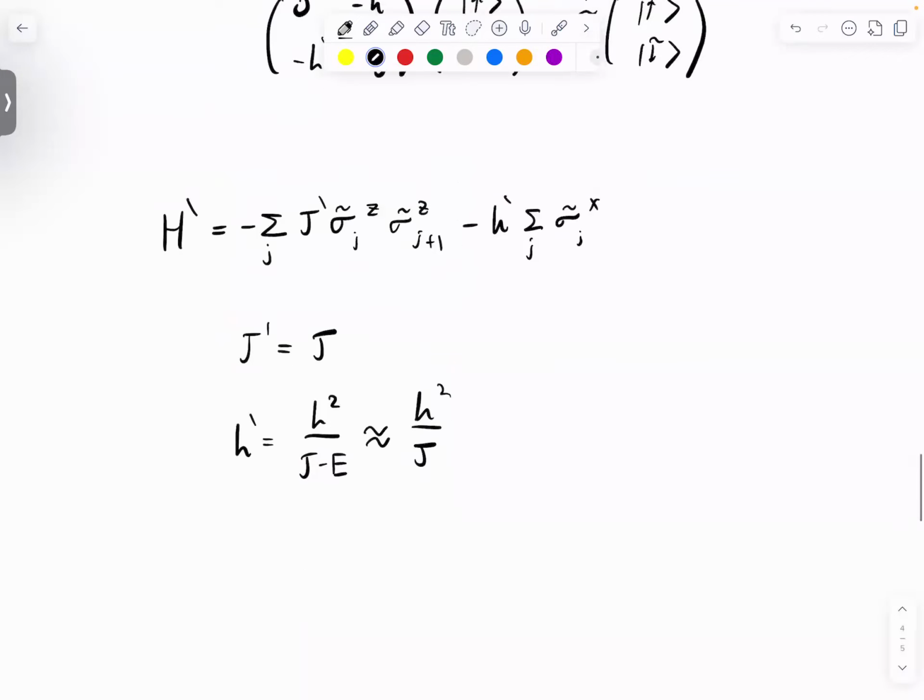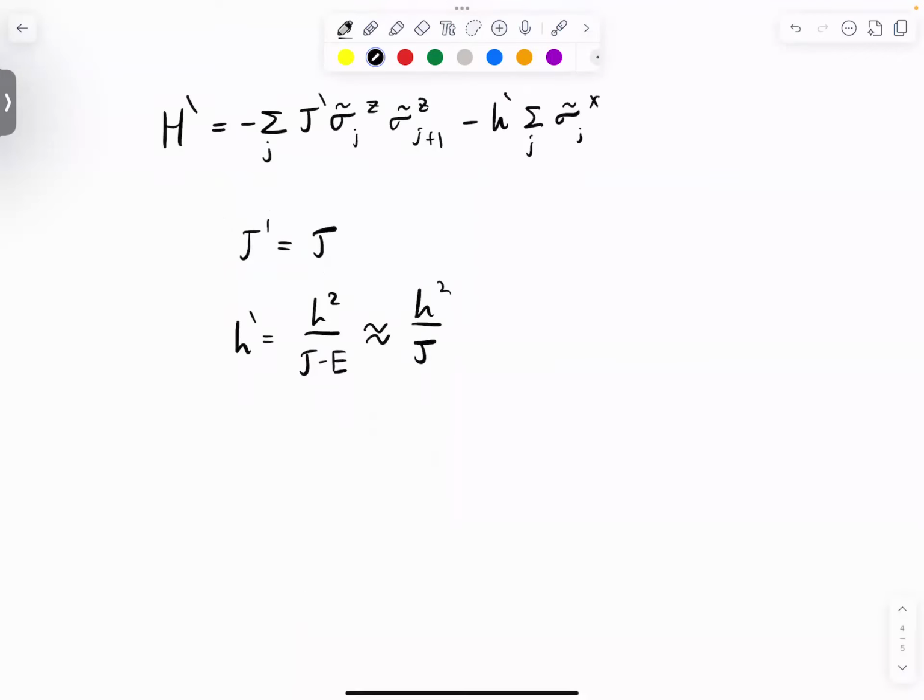So we can write RG equations by defining, let L denote the RG step.